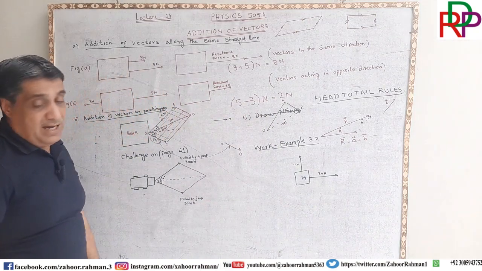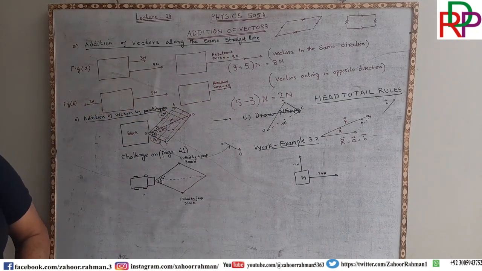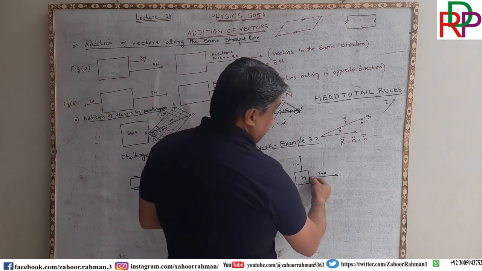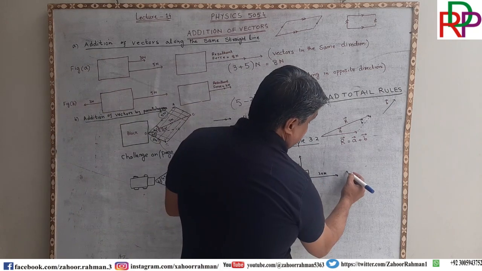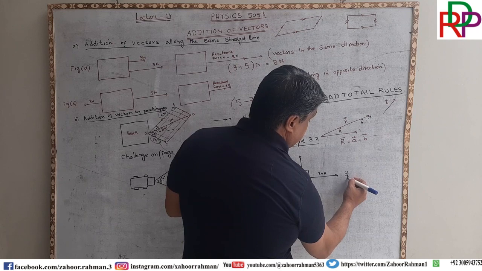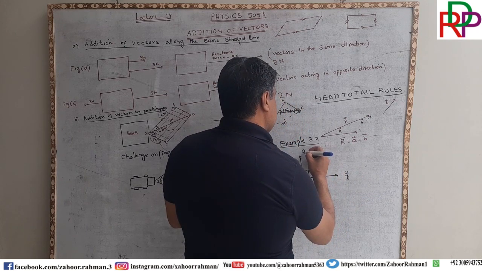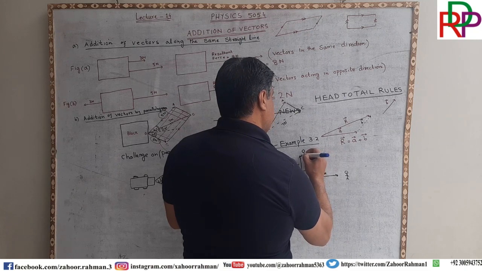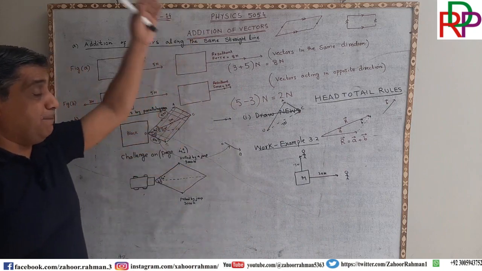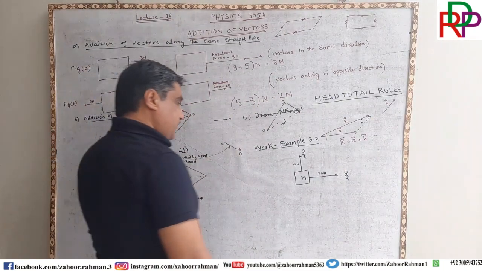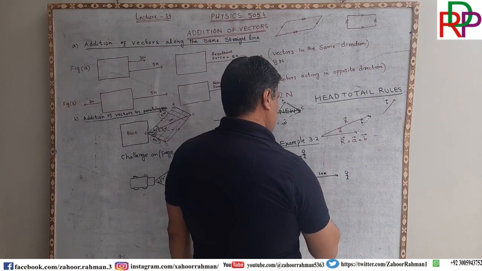There are two forces acting on the block M, one is dragging, this person is dragging it in this particular direction, and this person is dragging it in this particular direction upward. So in which direction will this move?